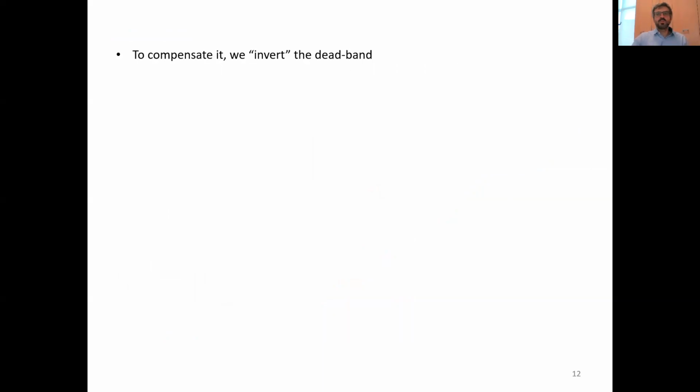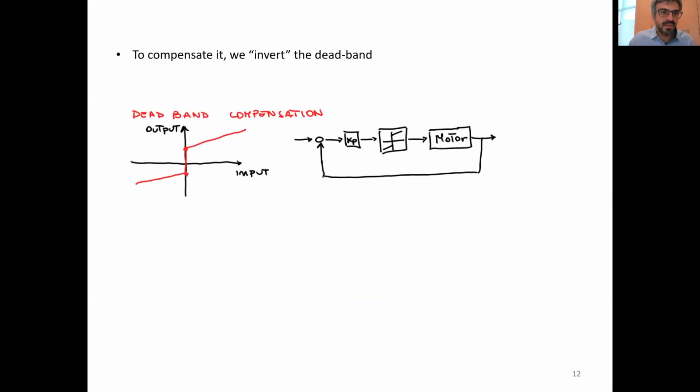I said that it's not possible to compensate, but in the case of valves, you can do that, by inverting the deadband. So you give a command that already takes into account this loss of input with respect to output and provides the opposite behavior.